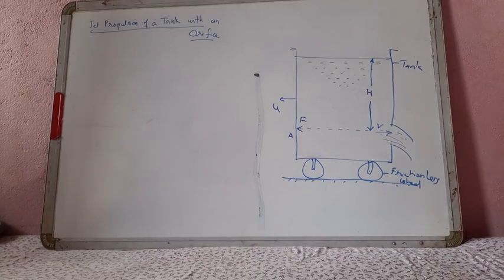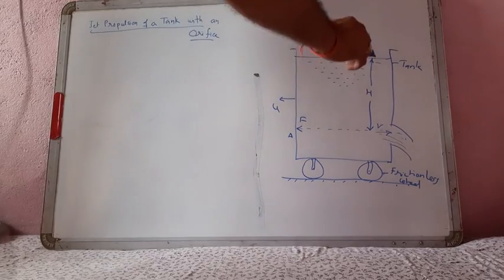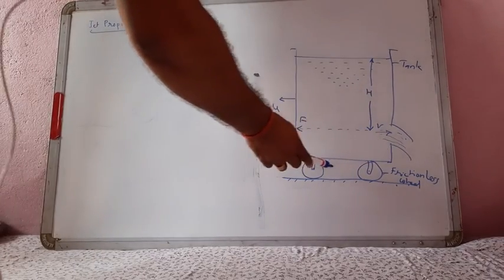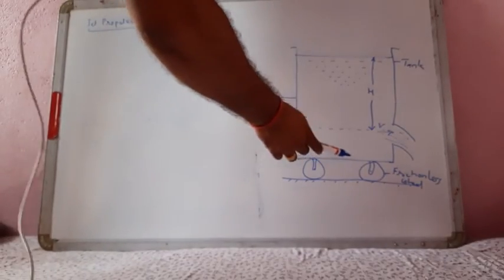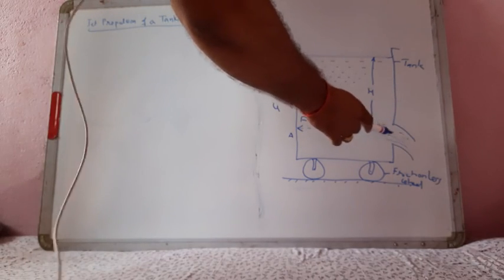The next topic is jet propulsion of a tank with an orifice. This tank is fitted with frictionless wheels at the bottom, and there is one orifice from which the water is coming out.